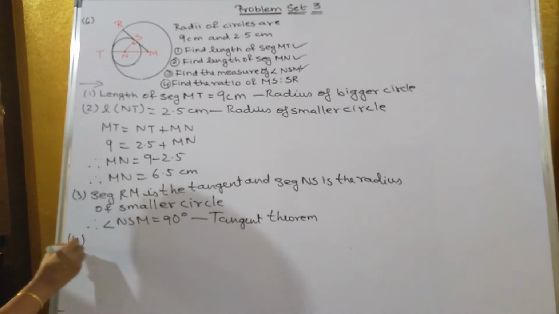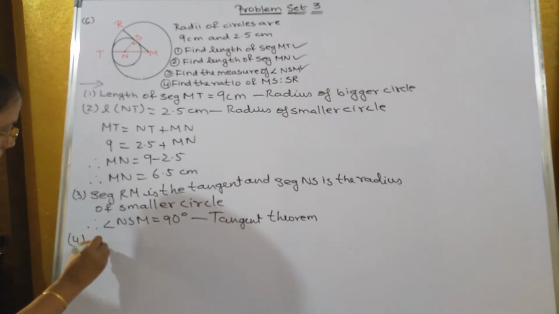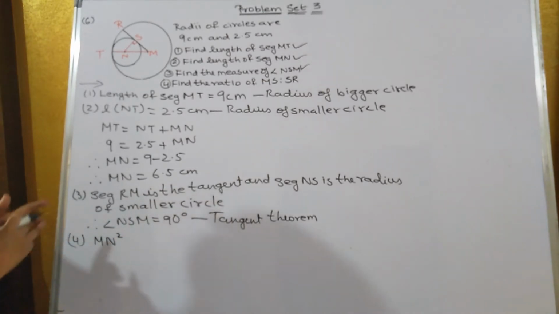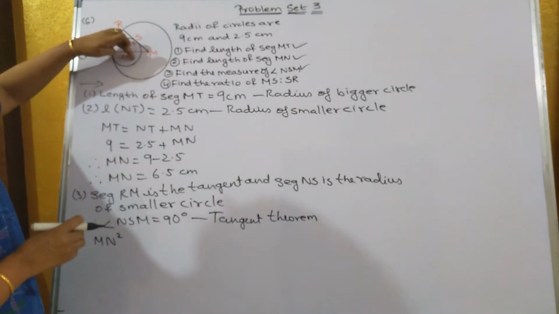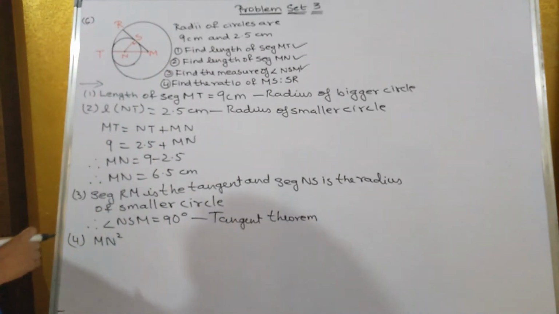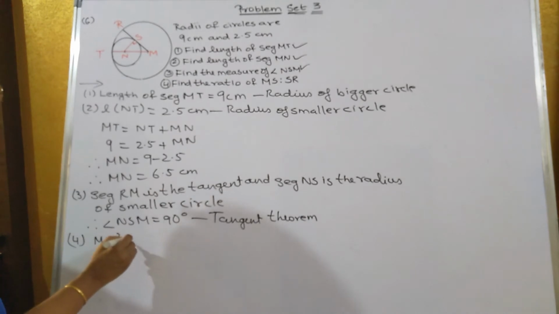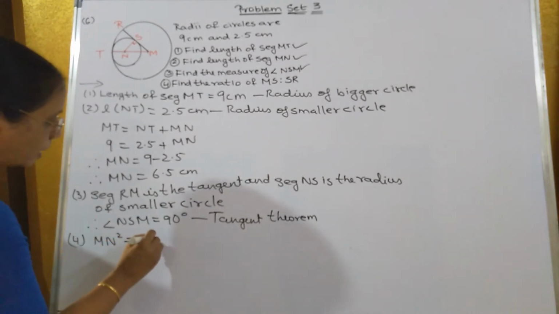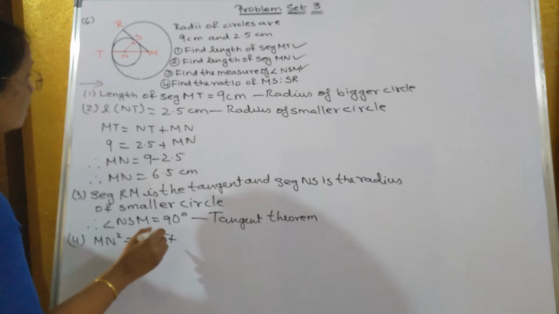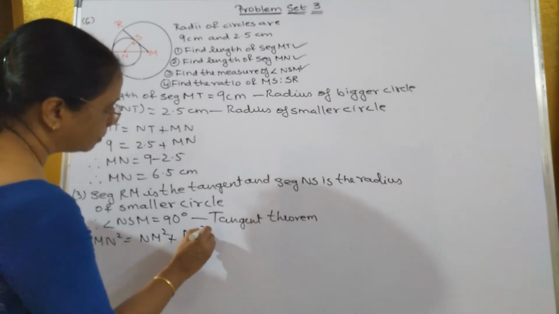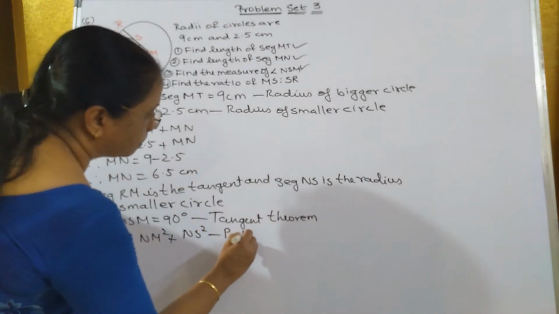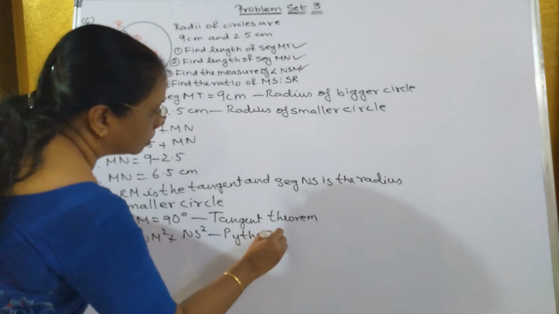Therefore, by Pythagoras theorem, this is the right angle. The side opposite to the right angle is the hypotenuse. So MN square is equal to MS square plus NS square. Pythagoras theorem.